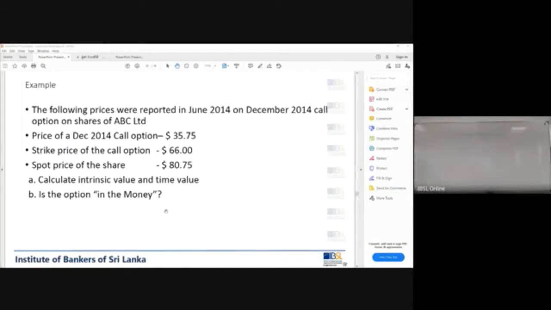Price of option 35.75. Strike price of the call option 66. Spot price is 80.75.